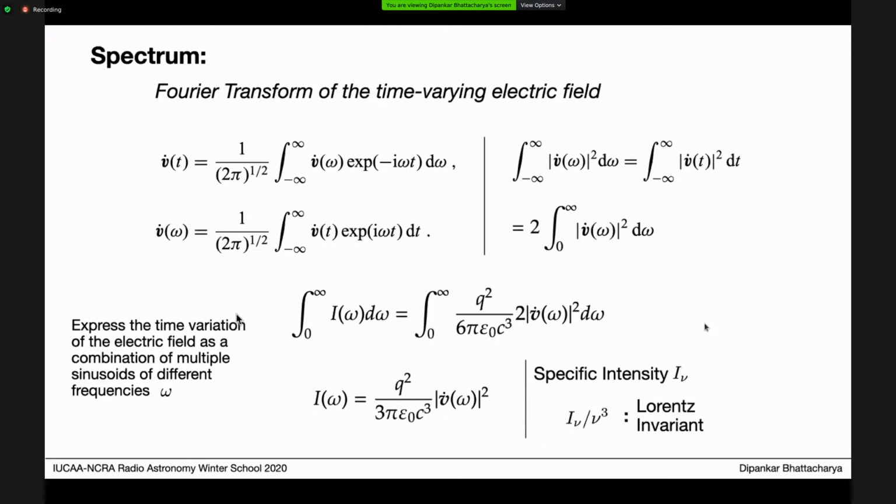So let's say I have a charge which is oscillating up and down in exact sinusoidal fashion. Now I know my electric field that I receive is proportional to the acceleration. So if the charge is oscillating up and down in a sinusoidal fashion, the acceleration itself is also sinusoidal. So therefore, the electric field, which is proportional to acceleration, is also sinusoidal.